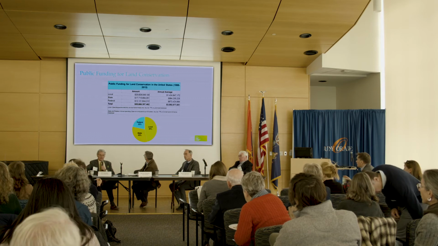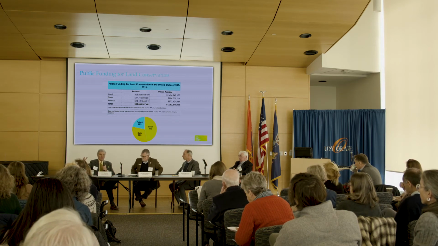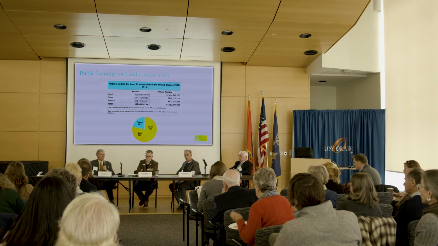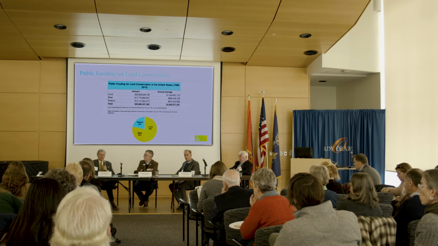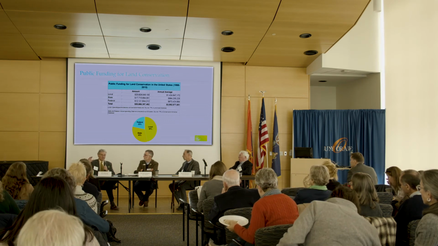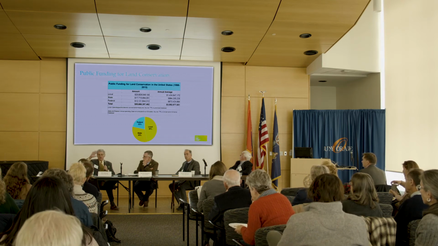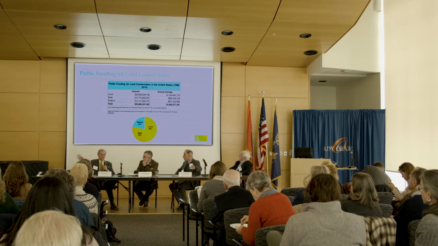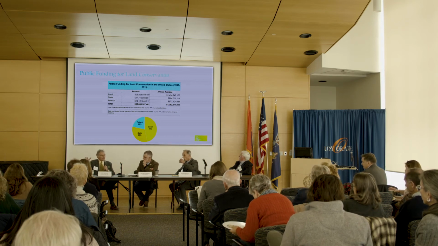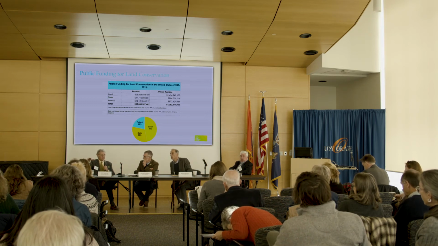Things like the Community Preservation Fund here in New York State, or at the state level, the Environmental Protection Fund, where your state legislature is regularly appropriating on the order of $300 million a year for land conservation. That's almost as much as Congress appropriates every year under the Land and Water Conservation Fund for national parks, national wildlife refuges, national forests across the country. So roughly 80% of public funding for parks and conservation happens at the local and state level.